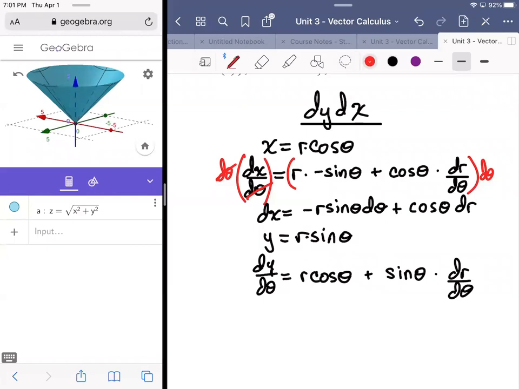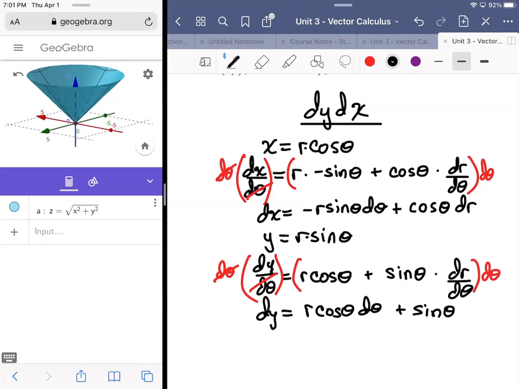Now I'm going to multiply both sides, like I did previously, by a d theta. Cancel, cancel. We're looking at dy is equal to r cosine theta d theta plus sine theta dr.